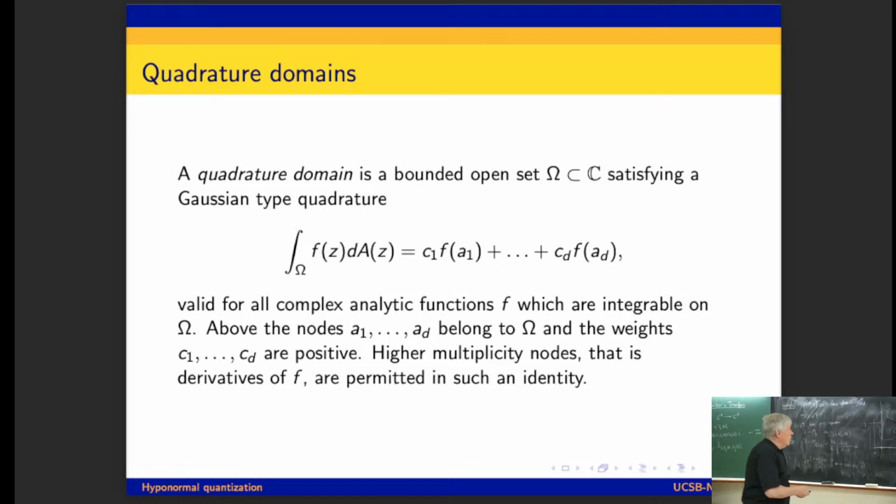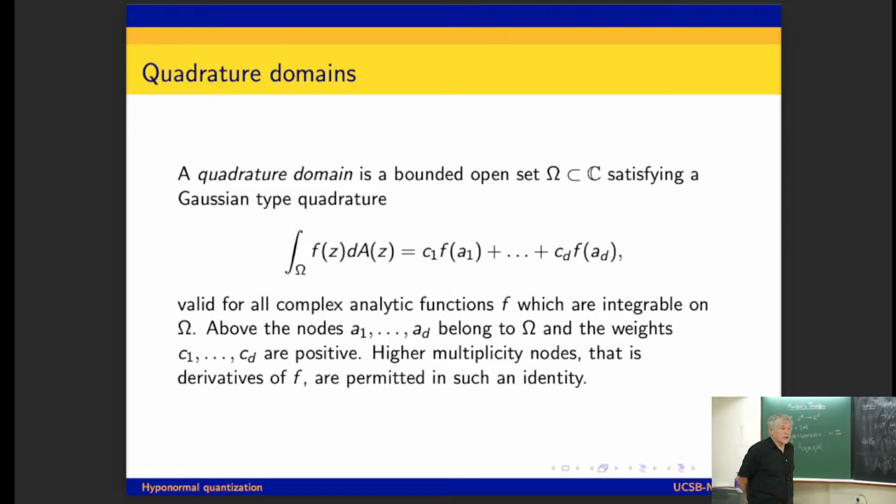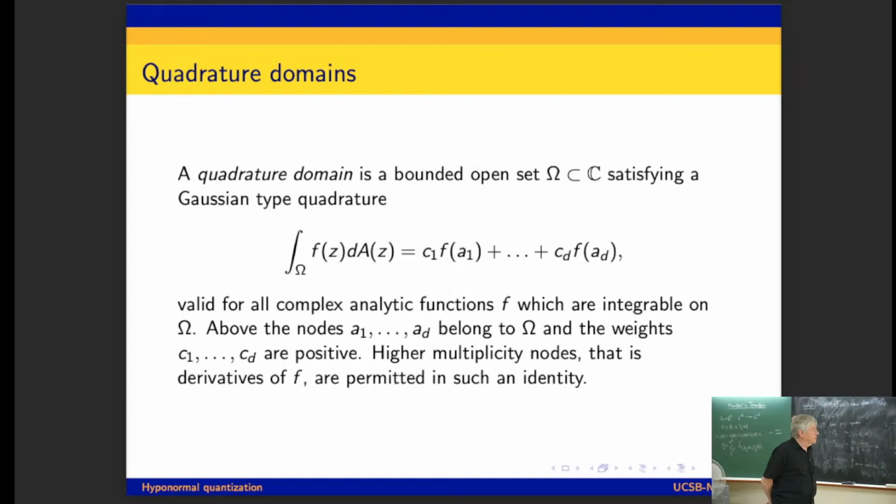So a quadrature domain for analytic functions or harmonic functions is a bounded open set. Domain is a stretch of terminology, it's not connected, satisfying a Gaussian type quadrature for all analytic functions.